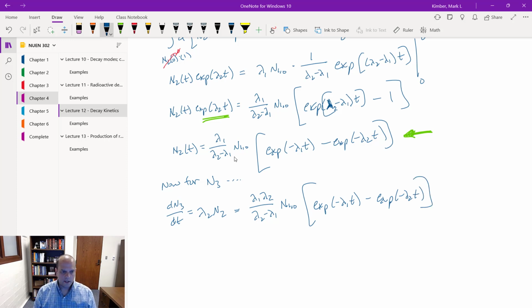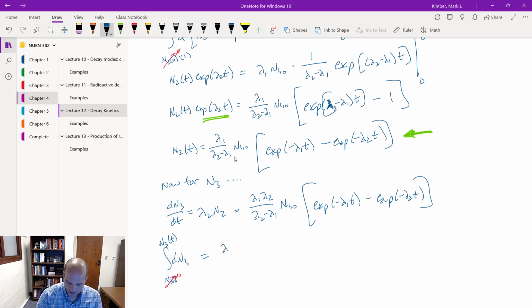And I can separate and integrate that. So this then just becomes the integral of dn3 from n3 naught up to n3 of t. And the initial inventory, again, right there is going to be 0.